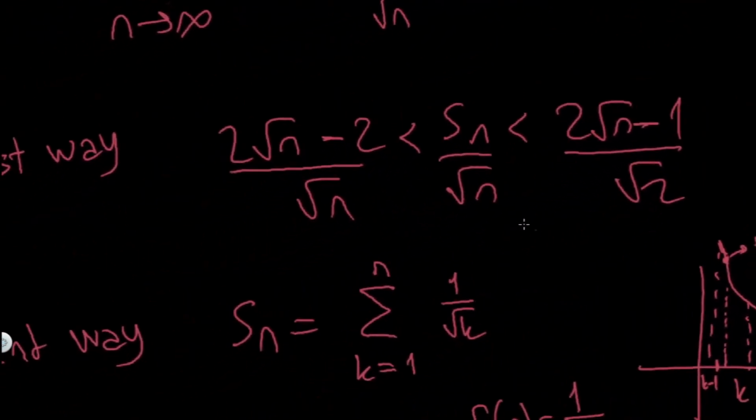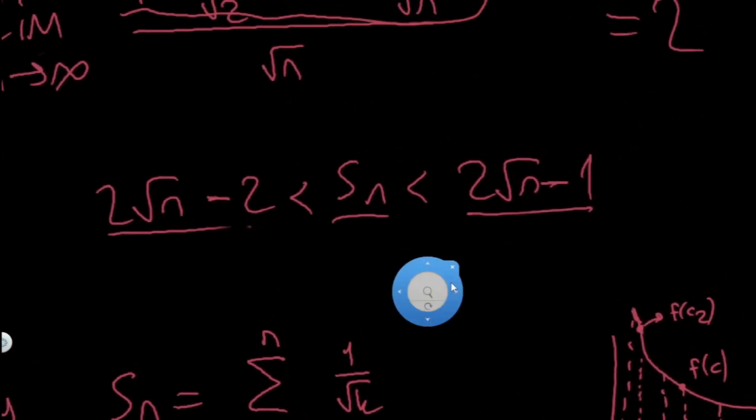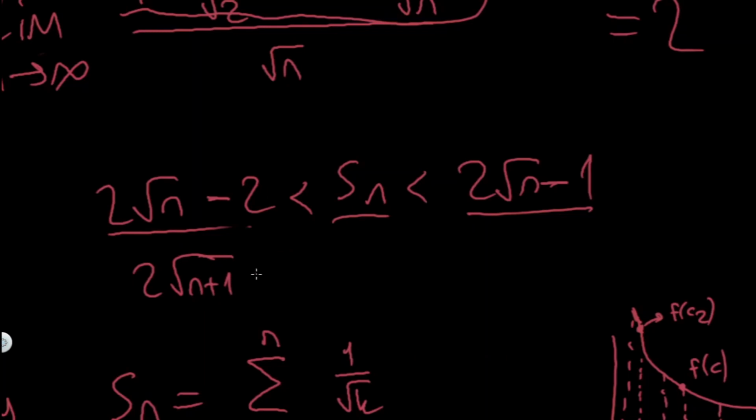Okay, so this was given in the first way. And in my way, I found that 2 square root of n plus 1 minus 2 is less than Sn, which is less than 2 square root of n. Well, I don't know how I could find exactly the same thing. There's no point doing that.